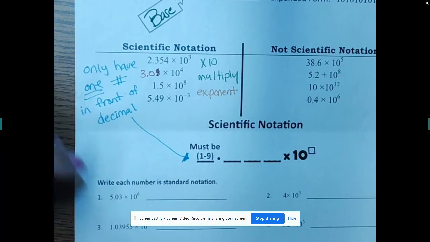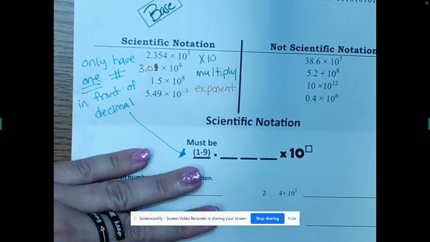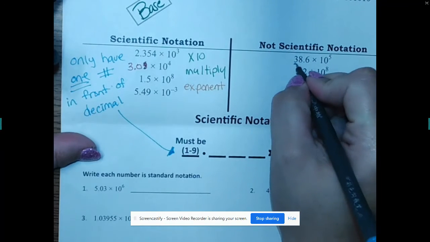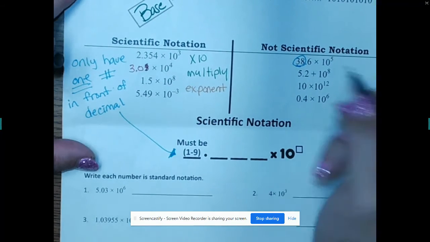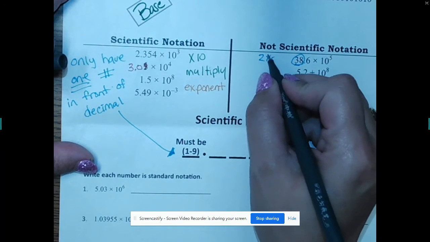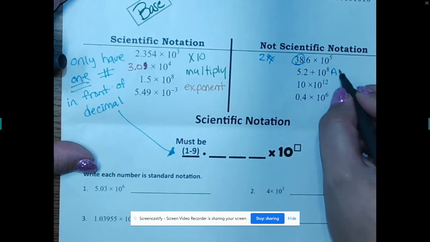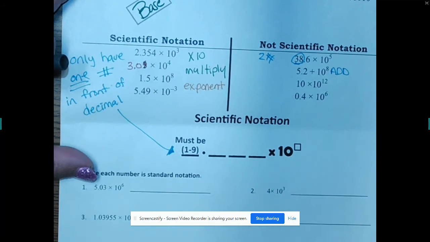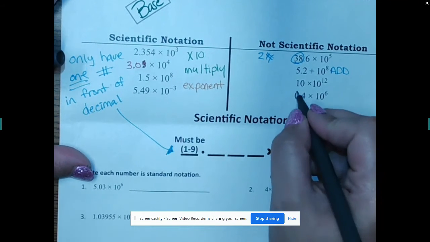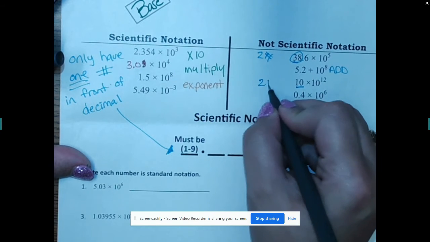If you look over here at the ones that are not scientific notation, what's wrong with the first one? It has 2 numbers in front of the decimal. What's wrong with the second one? It's addition. What's wrong with the third? There are 2 numbers in front of the decimal.